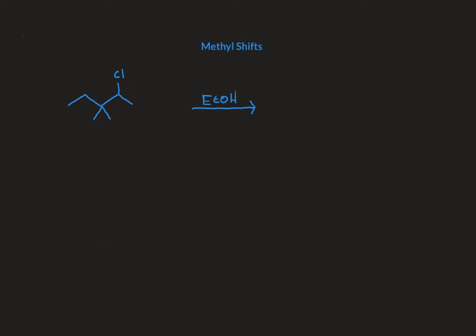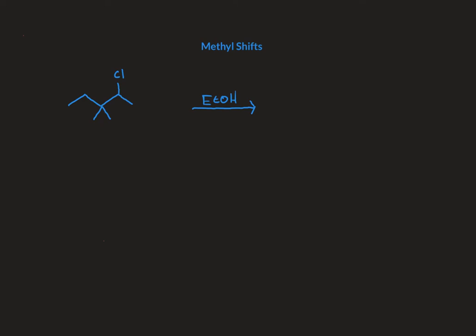We have a protic solvent, so that's favoring SN1. We also don't have a strong nucleophile in this case. The nucleophile is going to be our solvent or ethanol, and so that is also pushing towards an SN1 reaction. And so I'm pretty confident that this is going to go through an SN1 reaction.